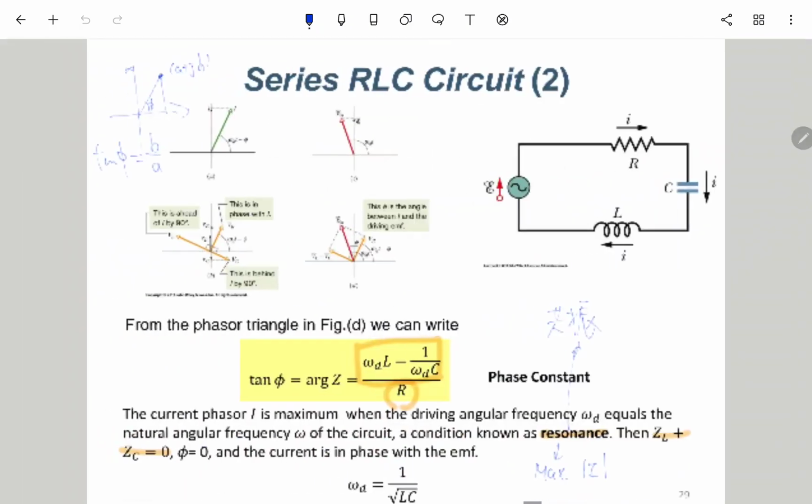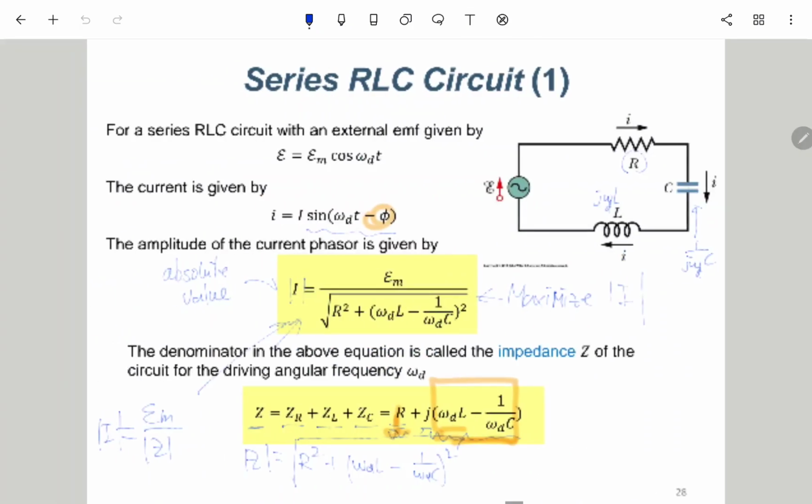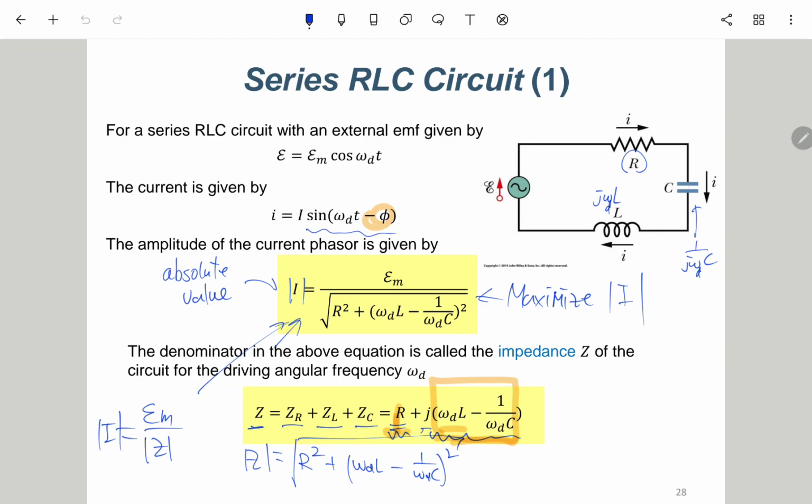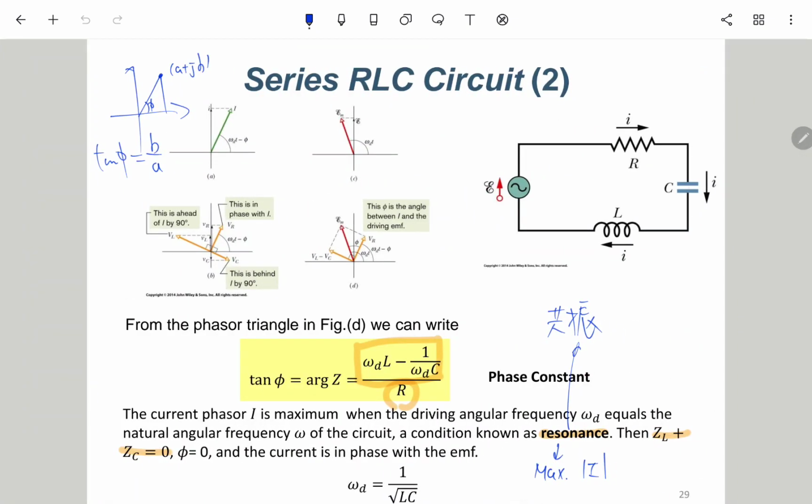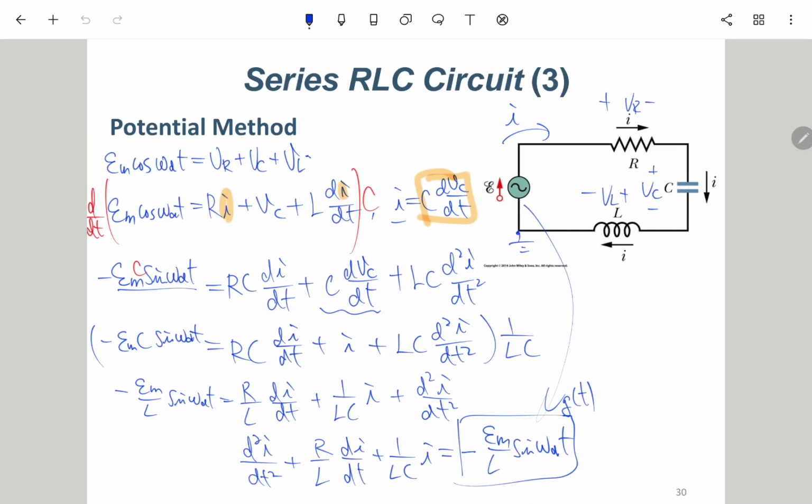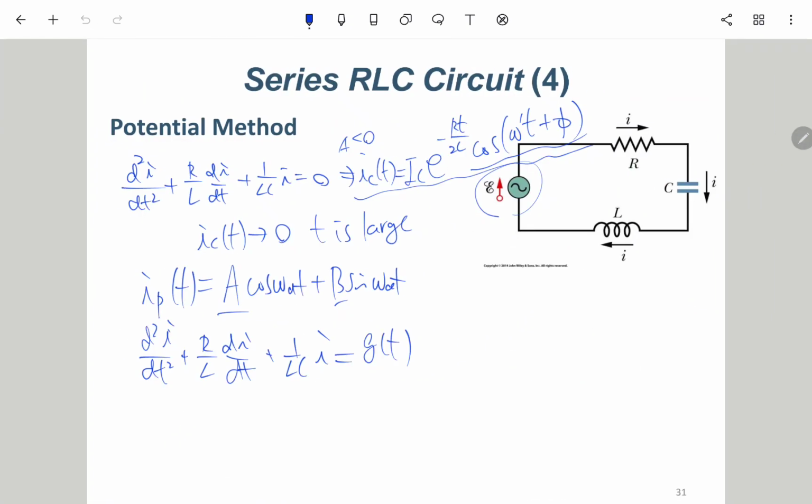With the phasor, we just need to compute some complex numbers, and finally convert the complex number into polar form. This polar form corresponds to a function of time. The amplitude becomes the amplitude of the function, and the phase becomes the phase of the function. So we don't need to play with this differential equation.